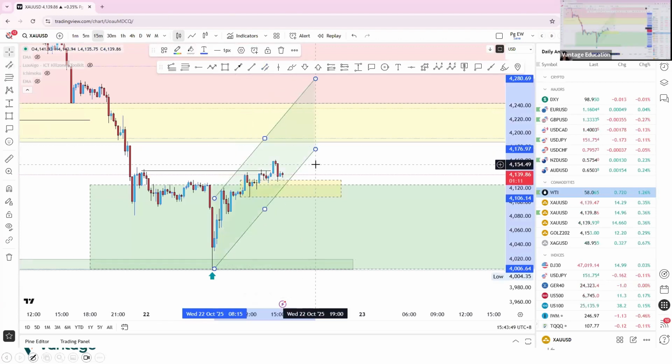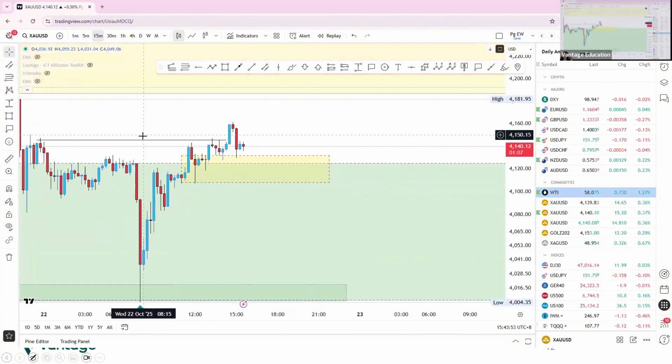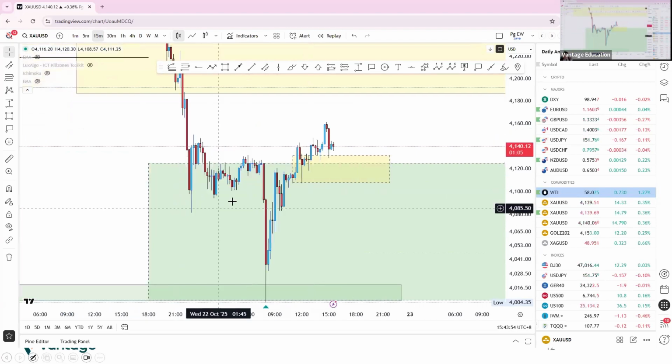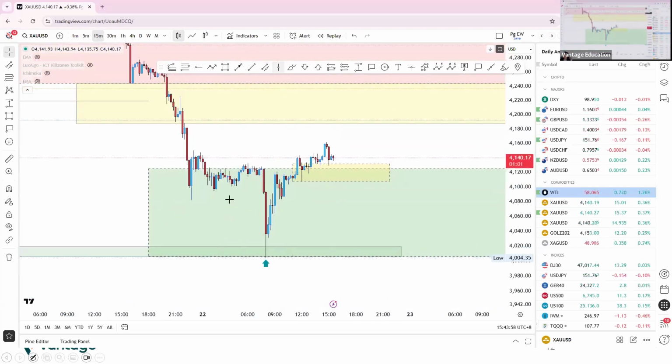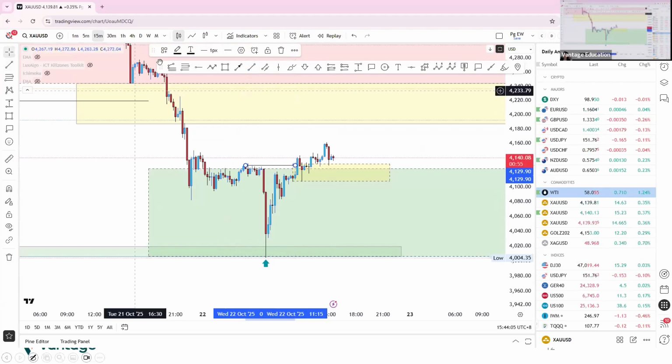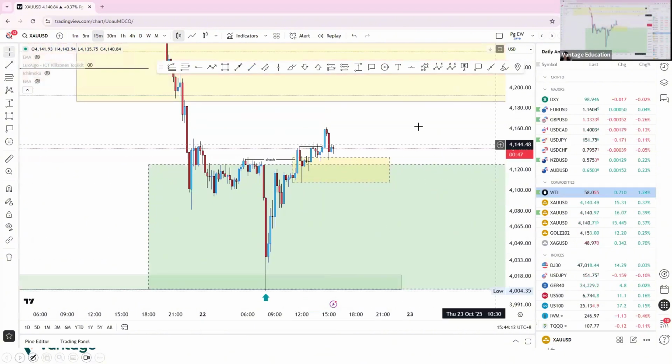I want to use the channel, but I don't want to force this. But if you look here, based on the M15, we have the change of character. I'm going to say here, this is the change of character, and it continues to make the break of structure here.